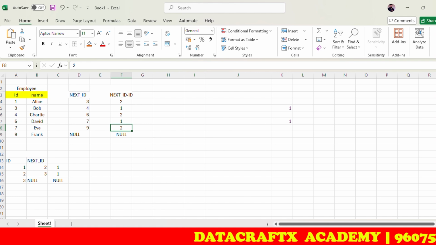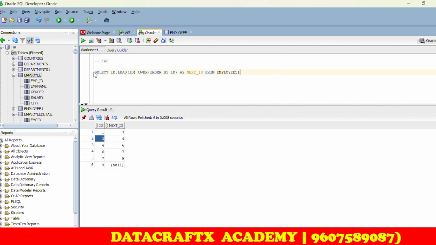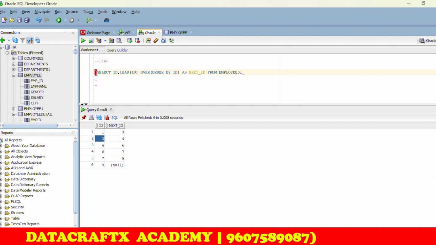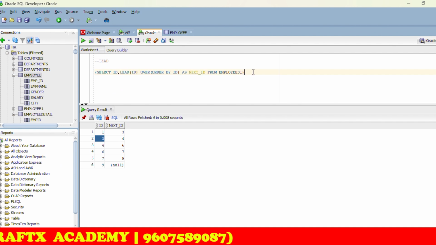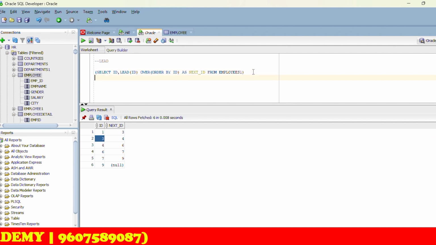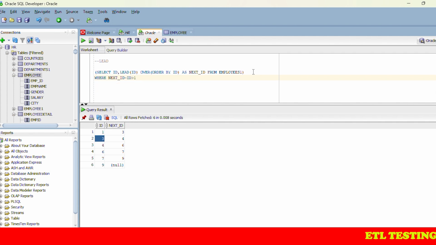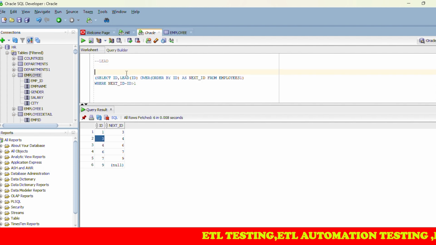Now what we can do is take this particular query as an inner query, and put a where clause over here: where next ID minus ID is greater than 1, correct? So what value can we retrieve?